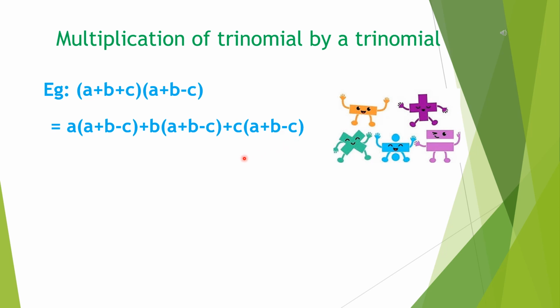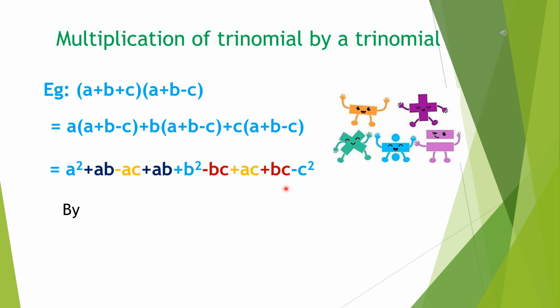That would be a square plus ab minus ac plus ab plus b square minus bc plus ac plus bc minus c square. Here ac, bc, we should write it in alphabetical order.